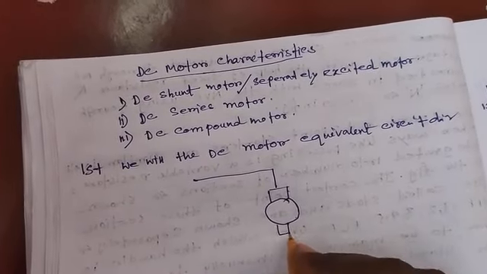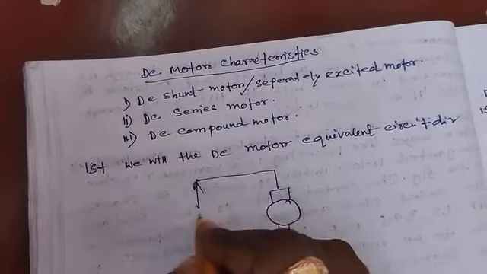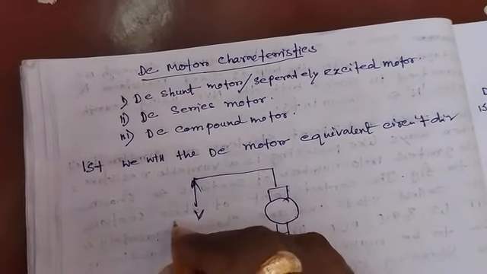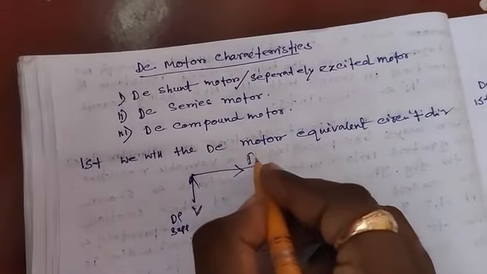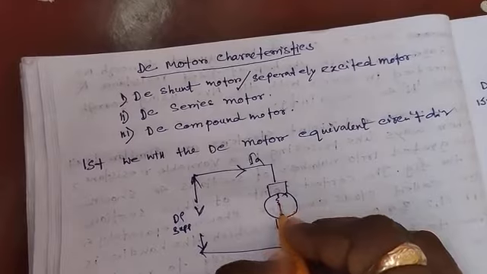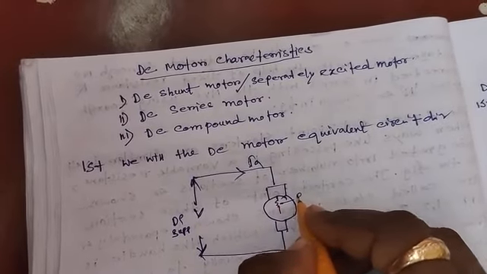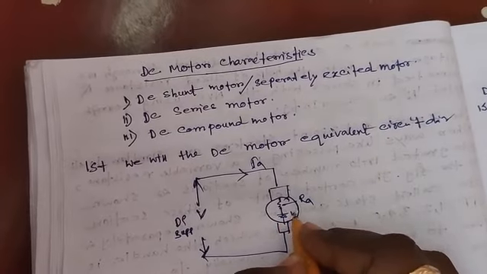Here is the DC supply V, and the supply current is the armature current Ia. Here is the internal resistance, called armature resistance Ra, and the back EMF Eb.